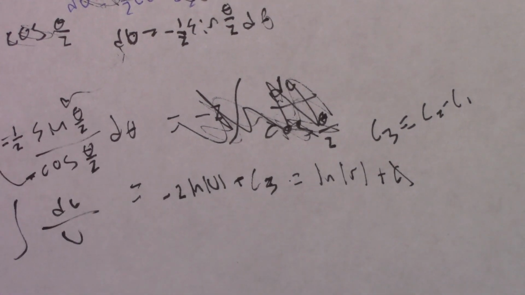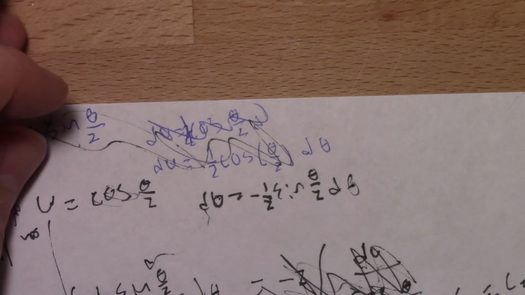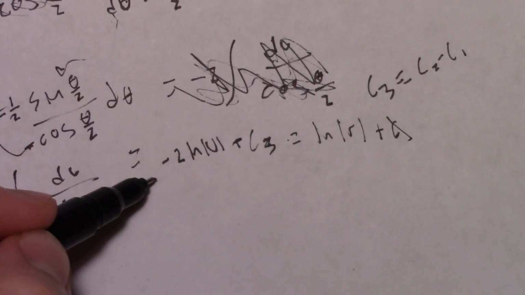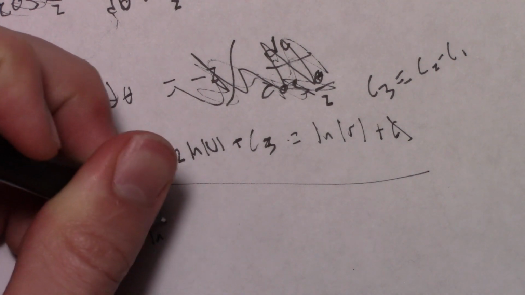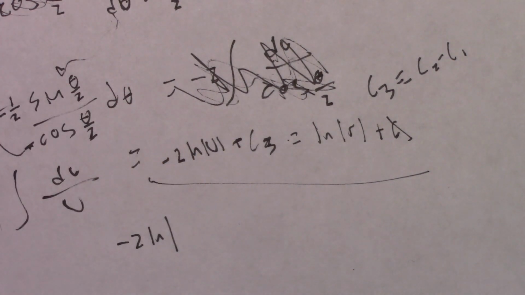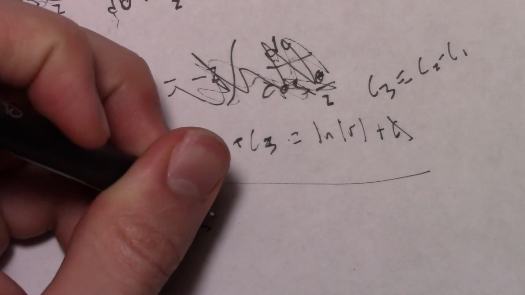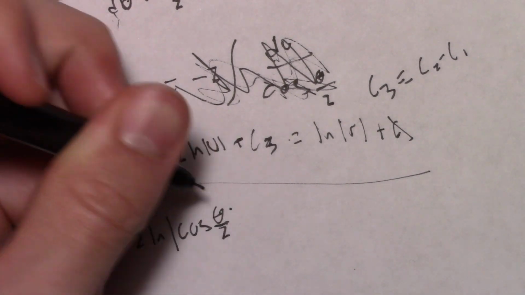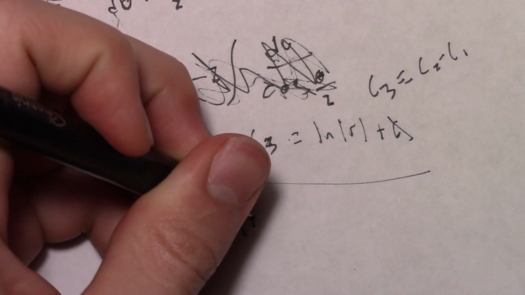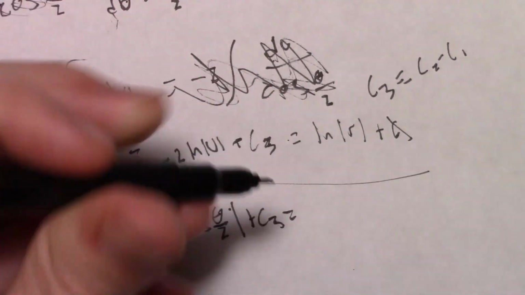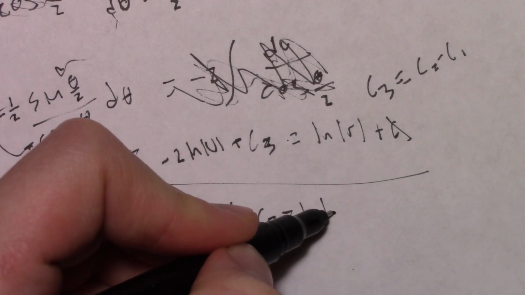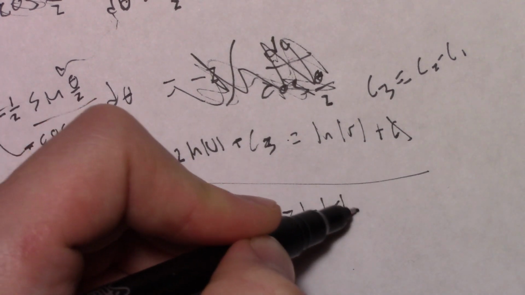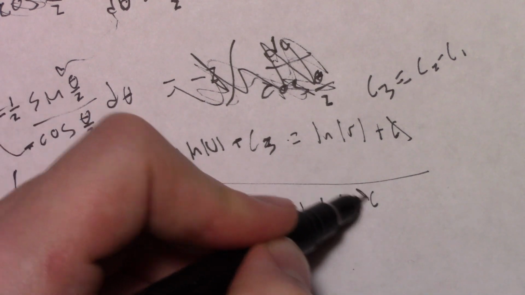U is cosine theta over 2, so this becomes negative 2 ln absolute value cosine theta over 2 plus C3 equals ln absolute value r, not plus C, just r.